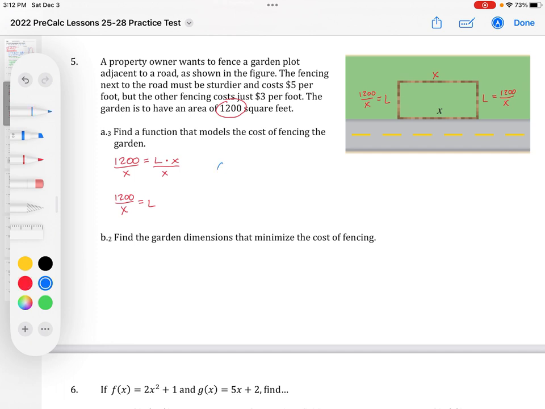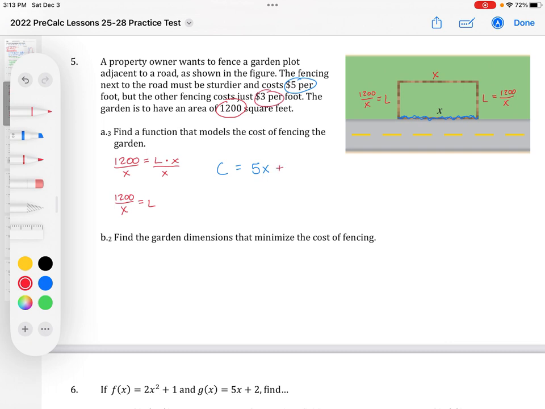Okay, so now our cost. Remember this part here next to the road, they want sturdier fencing, which costs $5 per foot. So if I take $5 times the number of feet, that's going to give me that part of the fence next to the road. The other pieces are only $3 per foot.